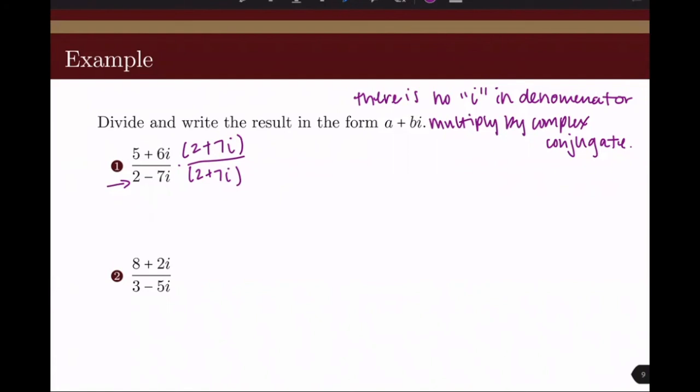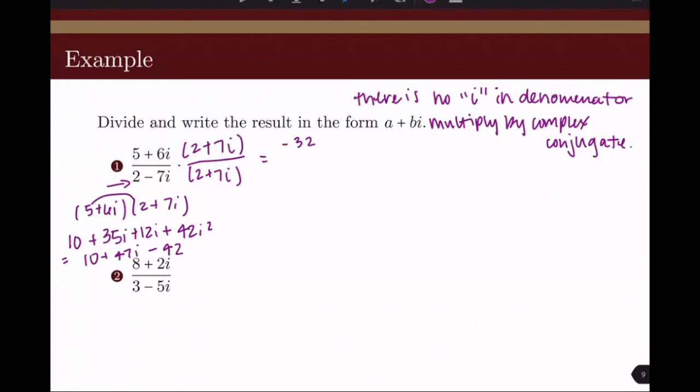Now here's where it can get a little tricky. So if we break this down into mini steps, my numerator is 5 plus 6i multiplied by 2 plus 7i. So multiplying this out, I get 10 plus 47i minus 42. So 10 minus 42 is going to be negative 32.